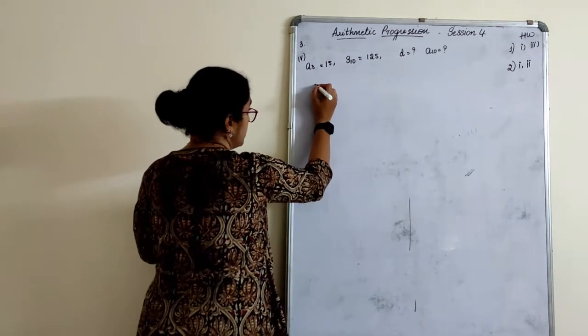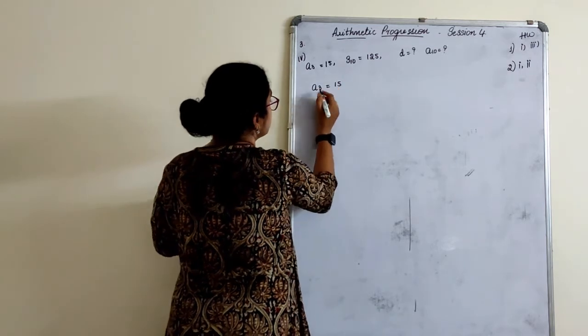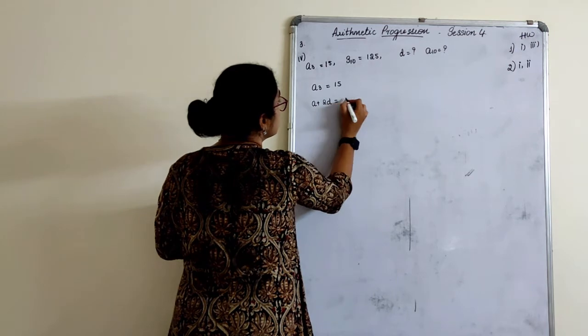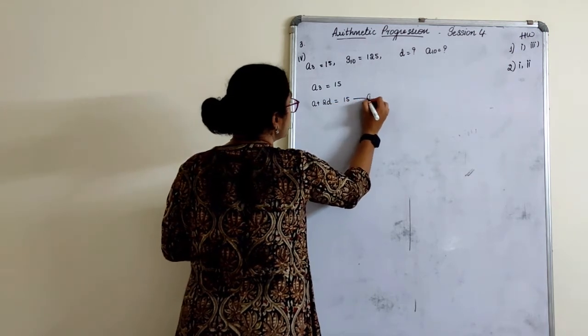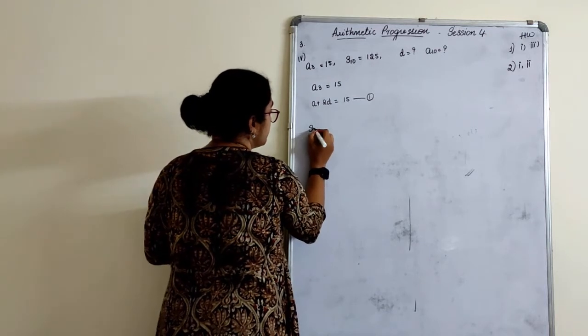Let's check. First let us write A3. A3 is given, so A plus 2D is equal to 15. Equation 1. Keep it as it is. Let's come to S10.